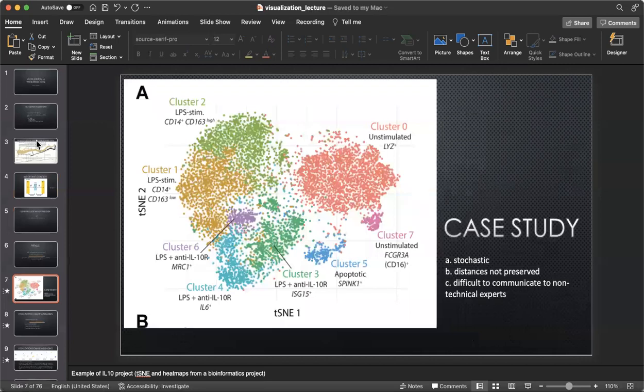A few years back, I was working with some clinicians and experimentalists. These were immunologists who were studying some cells in the blood that were involved in a particular disease. These are immune system cells. So what we did was we took blood from some patients.